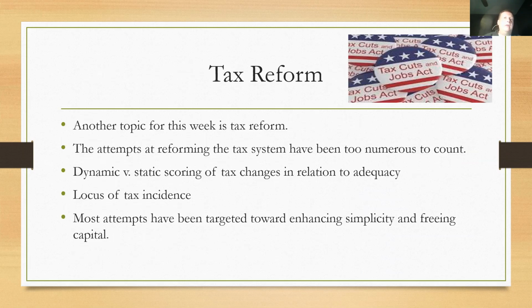As we had mentioned last week, the locus of tax incidence here in the state of California for the California income tax is disproportionately focused on your top 1% of income in California. So your top 1% of households in California bear the vast majority of the tax burden under our state income tax system.